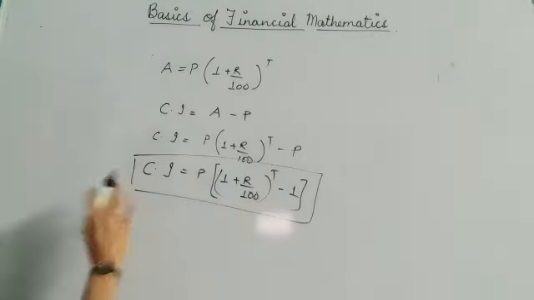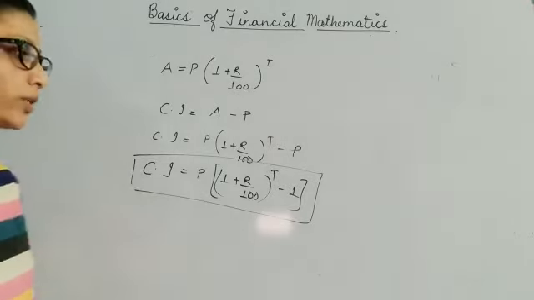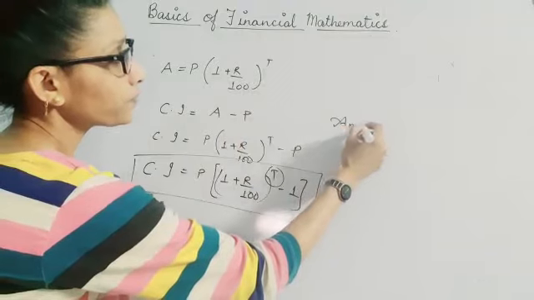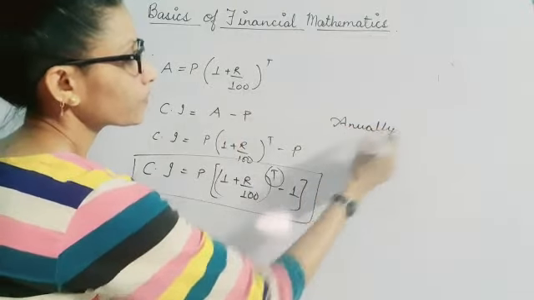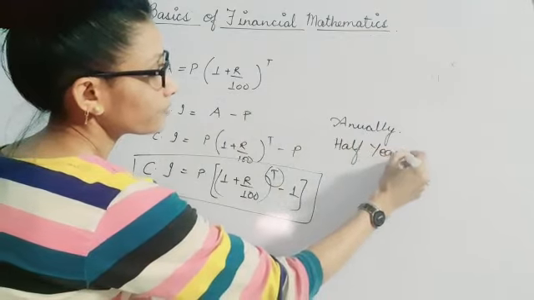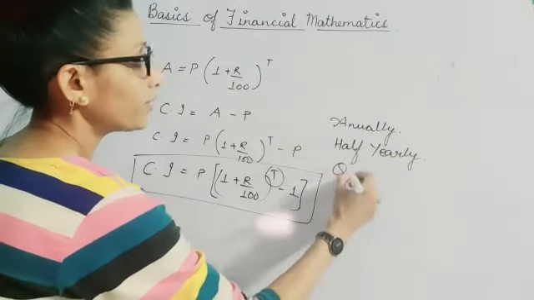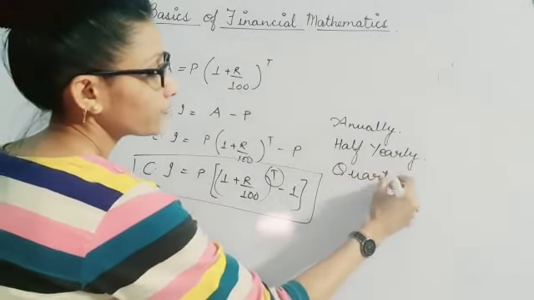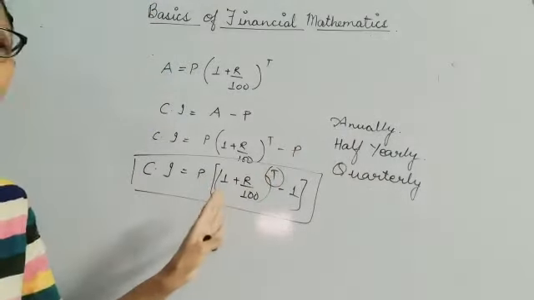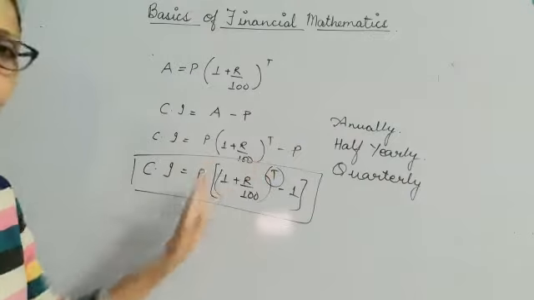Now here, whenever you are calculating compound interest, time can be given to you as annually, half yearly and quarterly. When it is given annually, then you need not change any of the values.